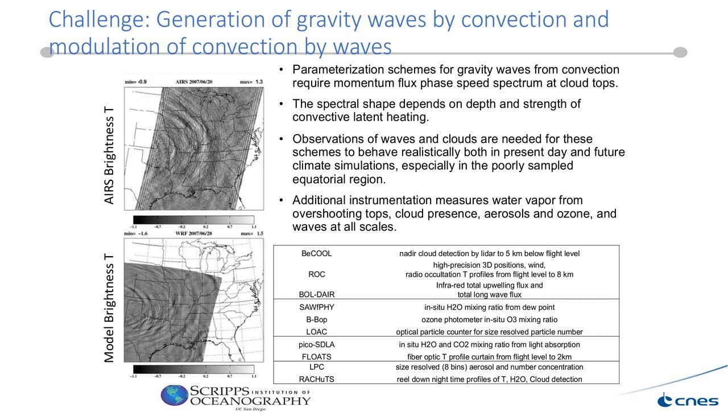The challenge here is that numerous studies have already realized that the vertical shape, the vertical structure and spectral characteristics of the convective gravity waves are tied to the shape and the profile of the latent heating.